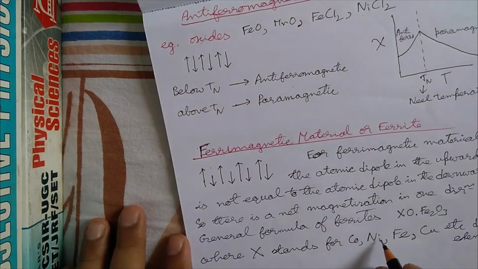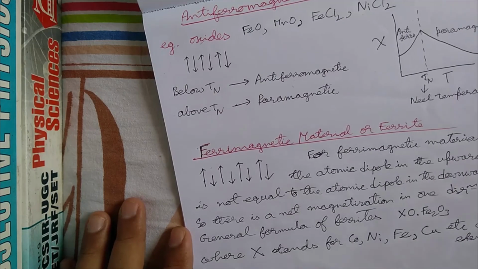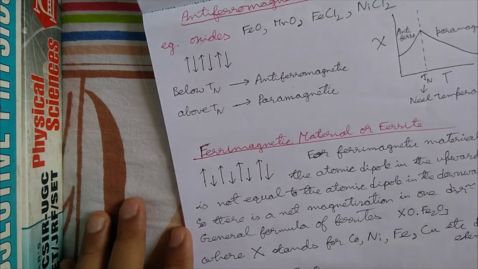If you take nickel, you get NiFe2O4. If you take cobalt, it is CoFe2O4. If you take Fe, it is Fe3O4.